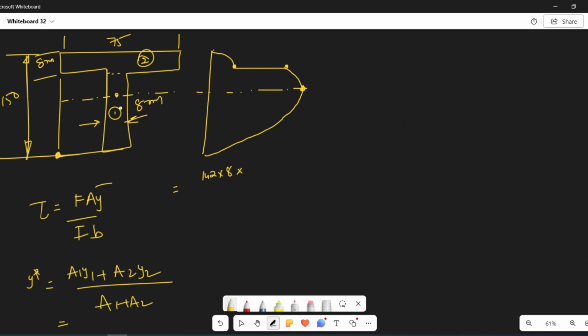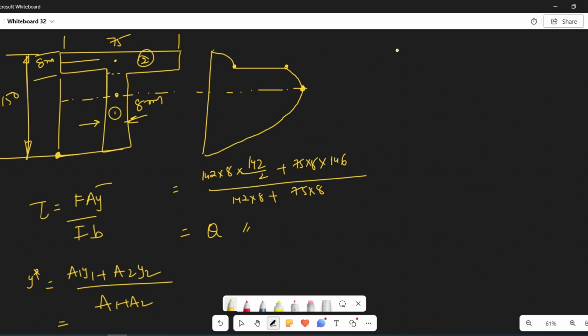The y is at a height of 142 plus 75 into 8. Y2 will be half of it, 4 mm. 140 divided by 42 plus... we will get a value. Let us call that value q, because I'm not going to do the calculation.